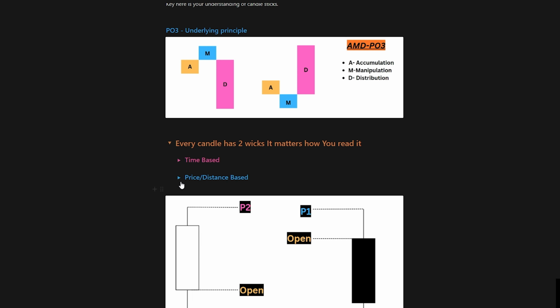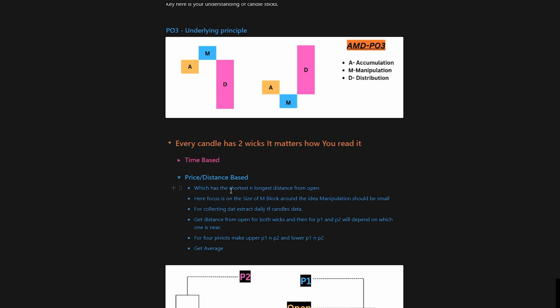The second is distance or price based. Which one has the shortest and the longest distance from the open? The idea is that usually the manipulation is small. So whichever one is the nearest or the smallest should be the manipulation. That's P1, and the further away one is P2.